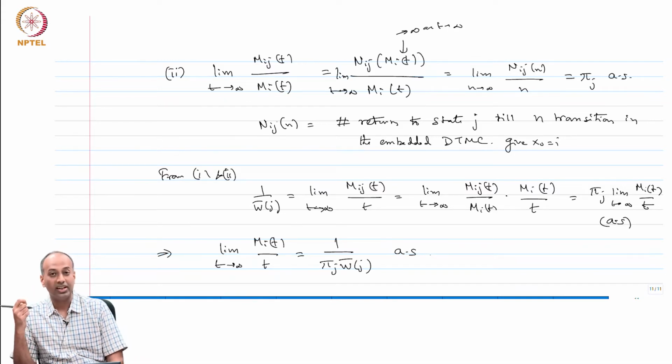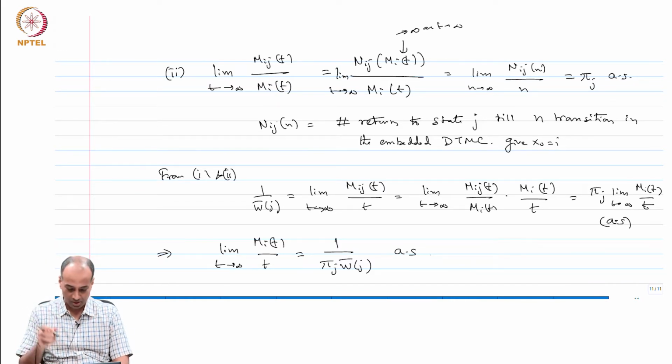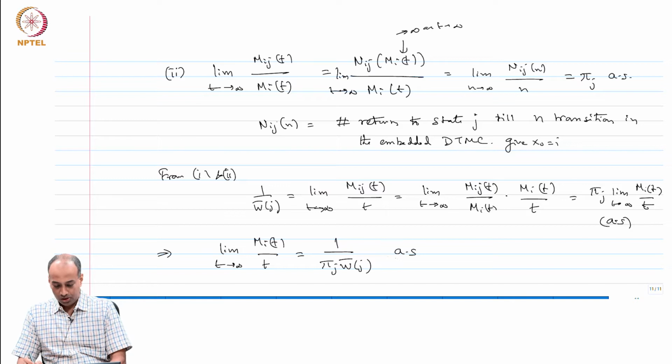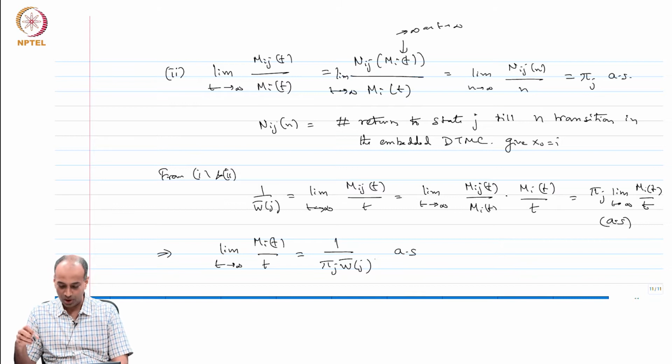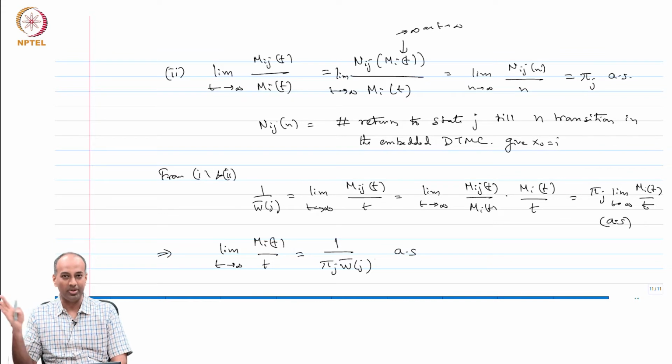In this calculation we have shown that there is such a thing as an average rate at which transitions happen in the CTMC, so that there is an almost sure limit to mi of t over t, and that is equal to 1 over pi j wj bar. So, this also means that 1 over pi j wj bar is constant across all the states. This 1 over pi j wj bar has to be equal to 1 over pi k wk bar, all of which will be equal to the limit of mi of t over t.